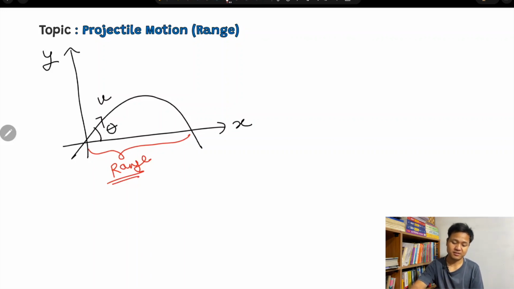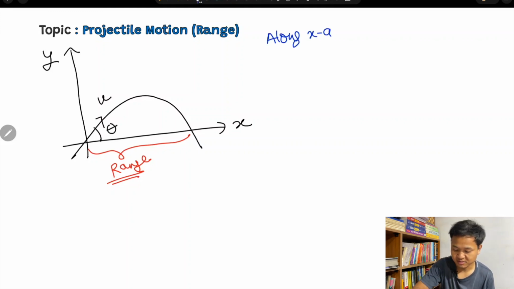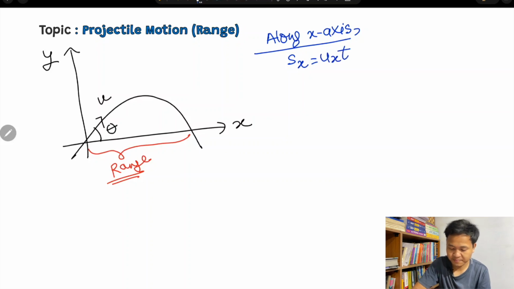Along the x axis, what is sx? ux into t, since for the horizontal component the acceleration is 0. So the displacement along the x-axis will be equal to ux into t.